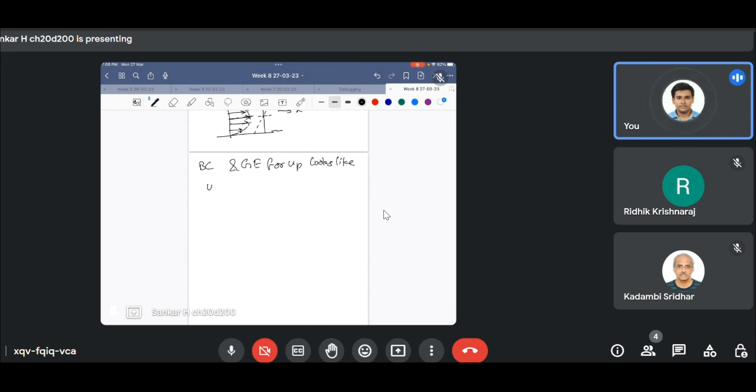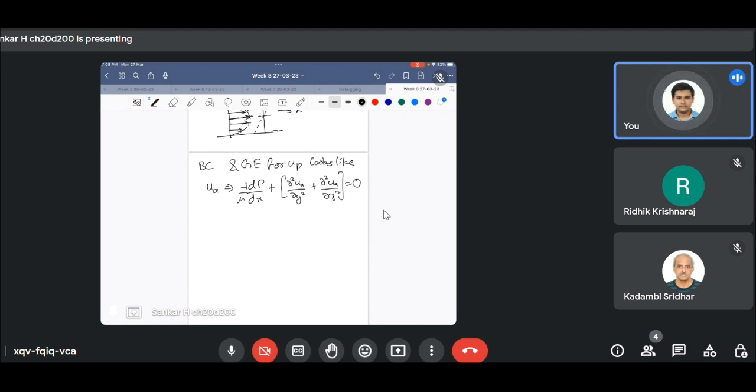For U actual, we have minus 1 by mu dp by dx plus dou square ua by dou y square, plus dou square ua by dou z square is equal to 0.